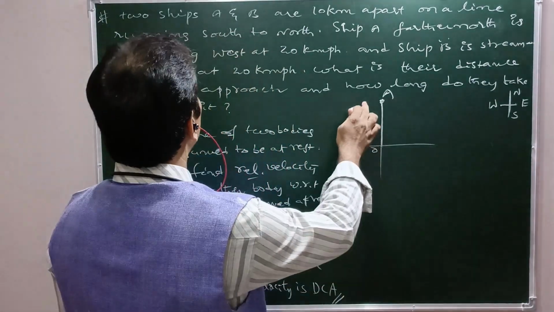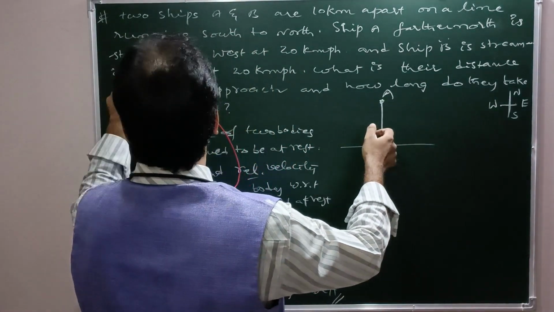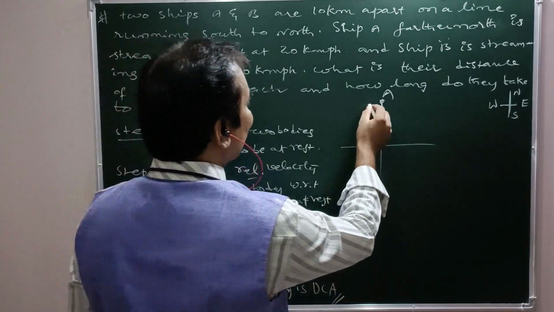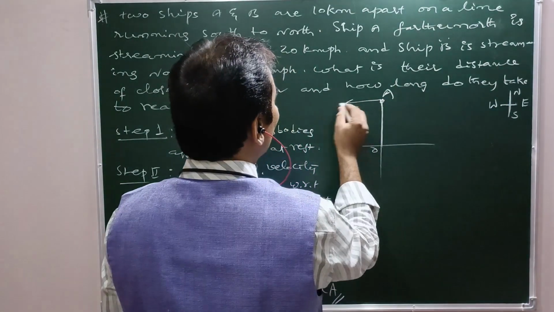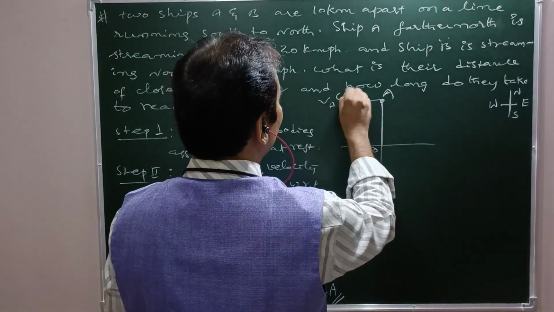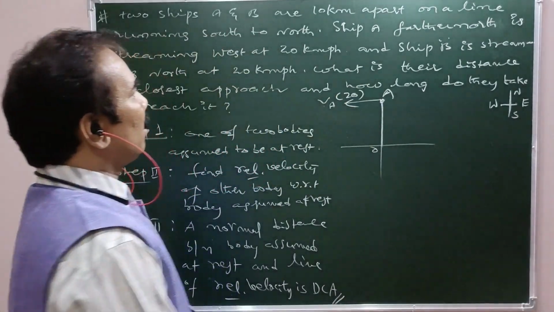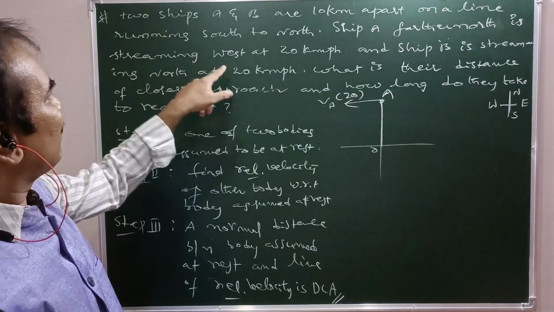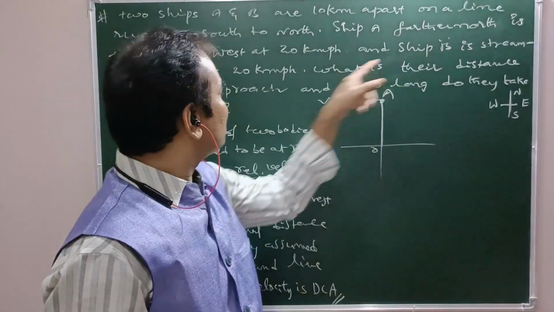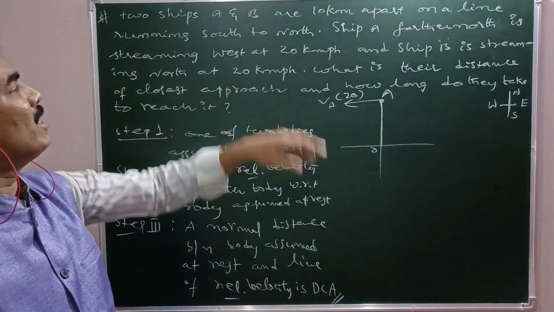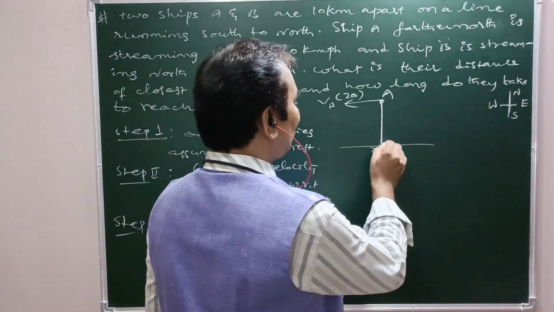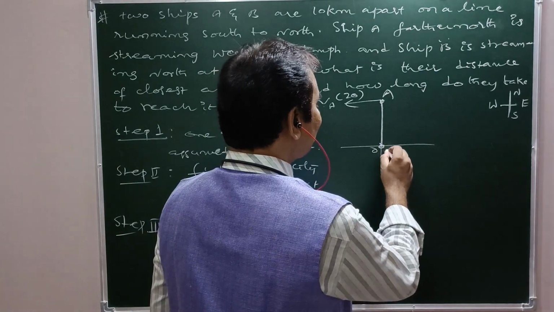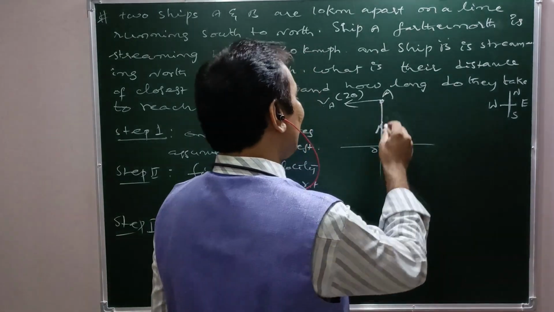So ship A is at farther north and is steaming west at 20 km/h. So VA is 20 km/h. Right? Now, the other ship, ship B, is steaming north at 20 km/h. It is not at farther north, but north of the origin, running along the same line.